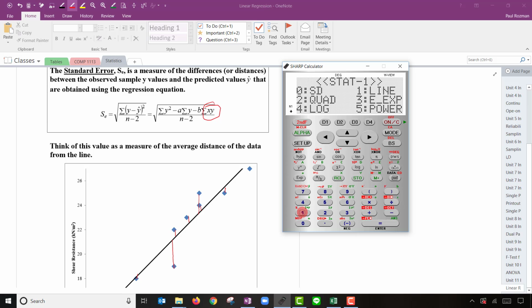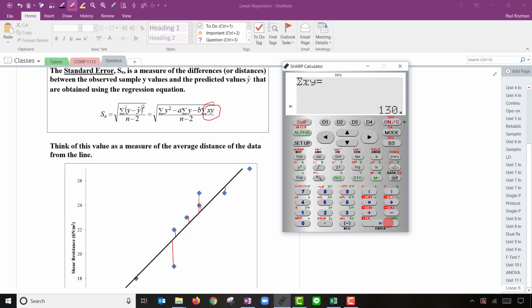So mode 1, linear. And if we put some data in, say 1, 2, data, 2, 9, data, and 5, 22, data. So I have 3 values in there. If I want to know the sum of the products xy, it's under button 1, so alpha 1.